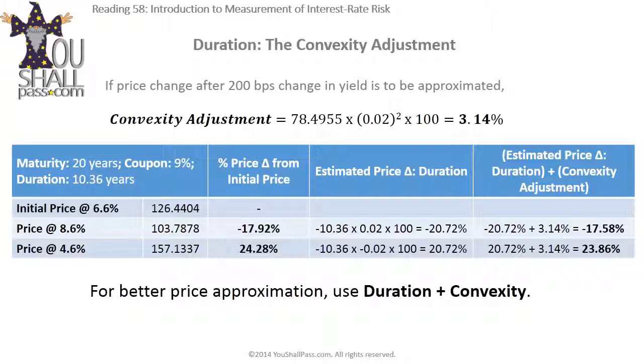That is, when the prices are in the positive convexity zone, the convexity adjustment formula yields a positive figure, and a negative figure when the prices are in the negative convexity zone. In either case, similar to the calculation done above, the convexity adjustment needs to be added to the price change as per the duration to arrive at the revised price approximation.